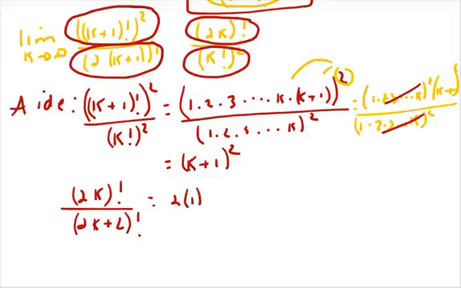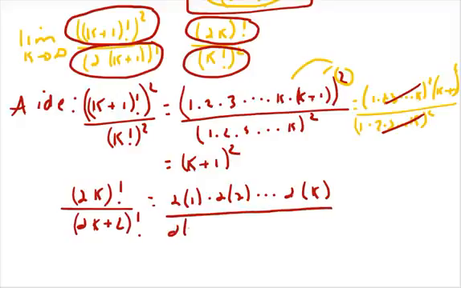So this is 1 times 2 times 3 up to 2k. That's what that numerator says, (2k) factorial, divided by (2k plus 2) factorial. So that's 1 times 2 times 3 up to 2k plus 2.